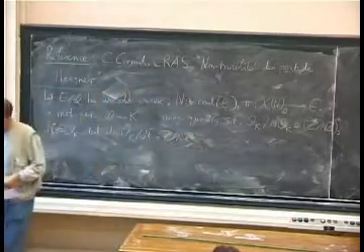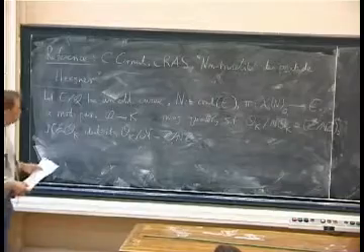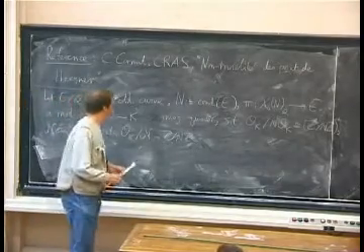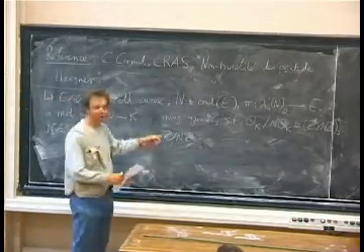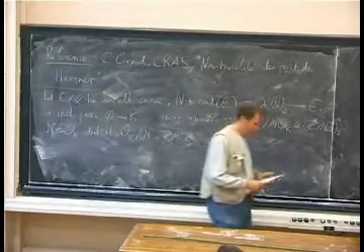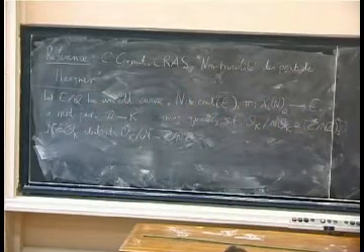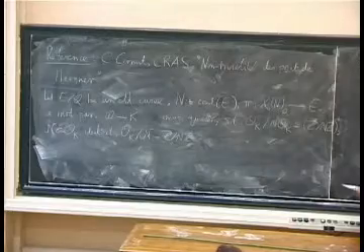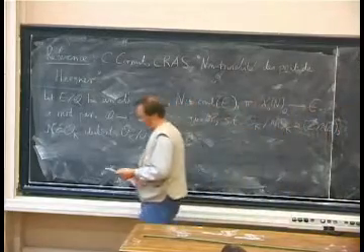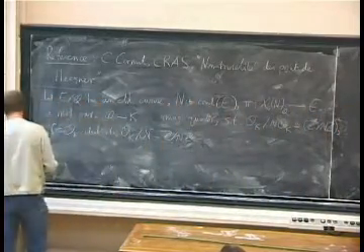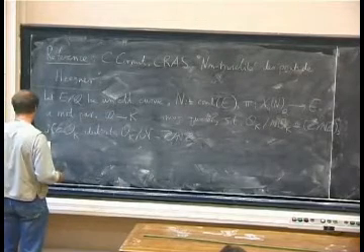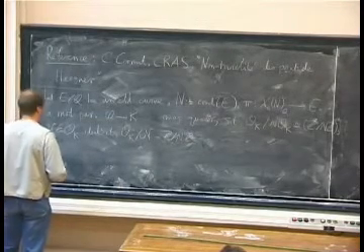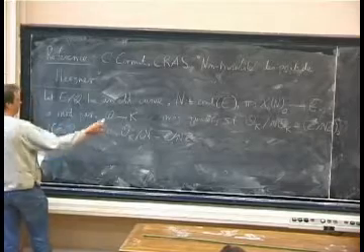Right, this is possible. So there are 2 to the R choices if R is the number of prime factors of N. This is somehow what the Chinese remainder theorem tells you. So yeah, this is what we fix now.